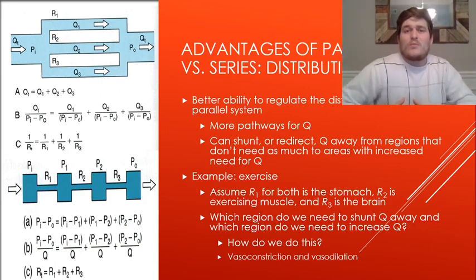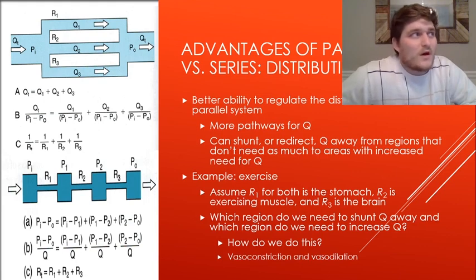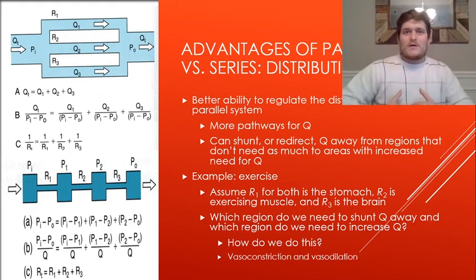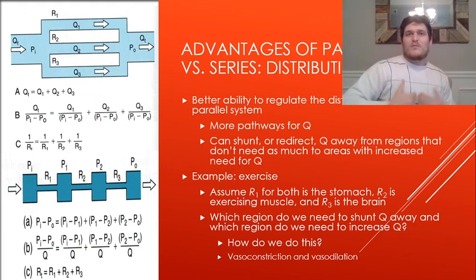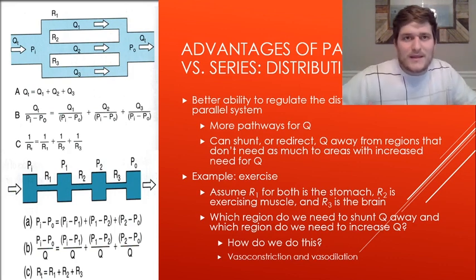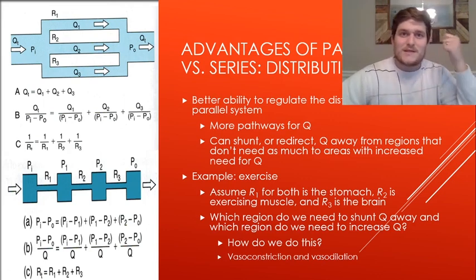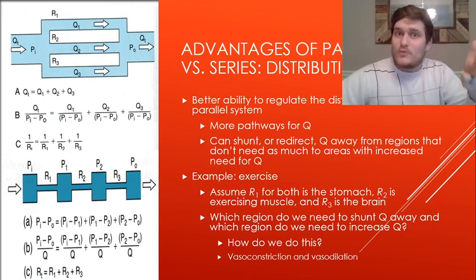And that's going to be one of the most talked about aspects of this class because, as we're going to see, based on the metabolic demand and based on what's going on in the body, we are going to vasoconstrict and vasodilate our vessels in order to change those resistances, in order to change pressure, in order to change blood flow.